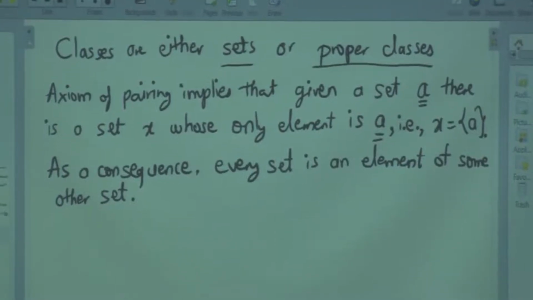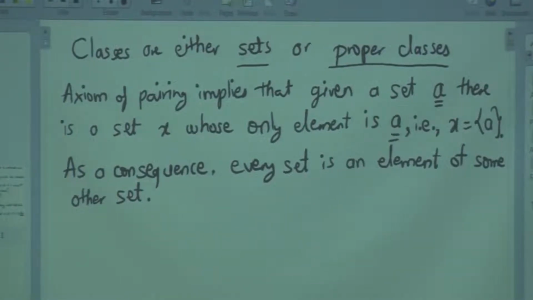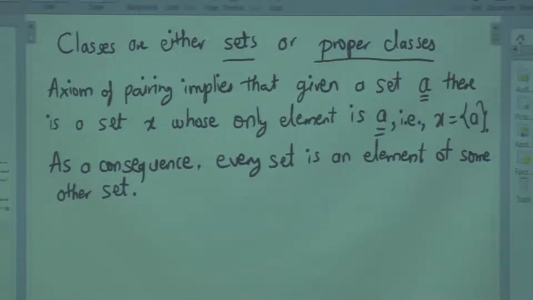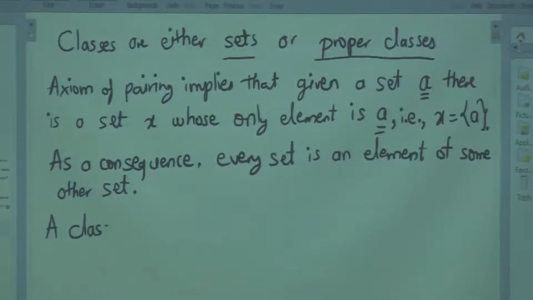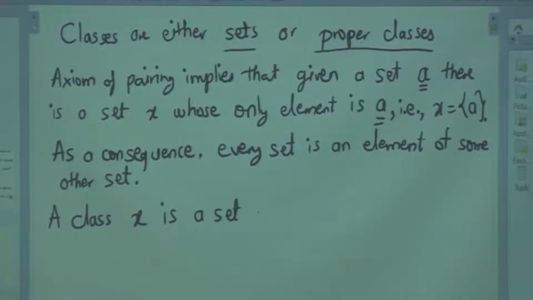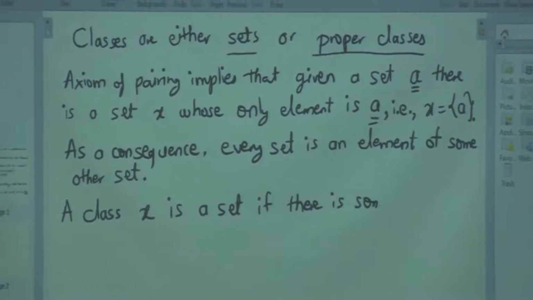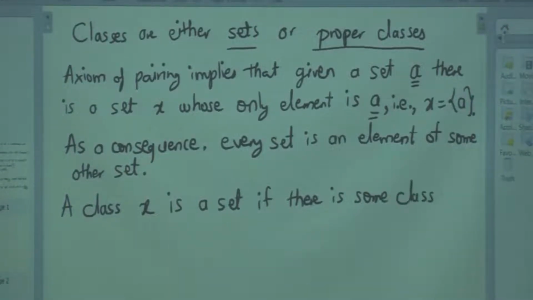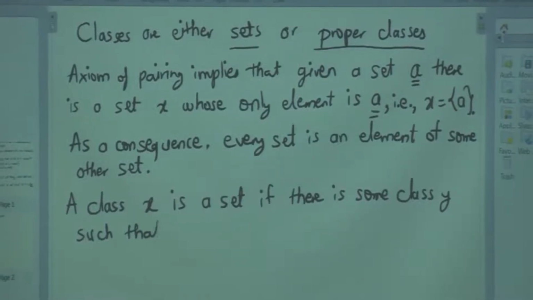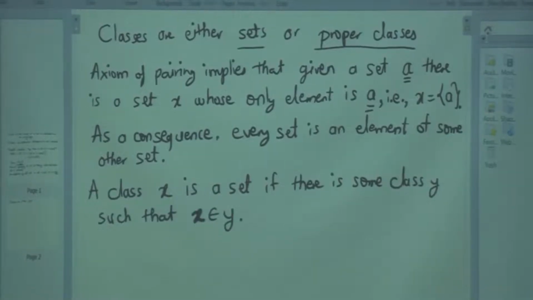So that is how we set the distinction between sets and proper classes. So a class X is a set if there is some class Y such that X belongs to Y.